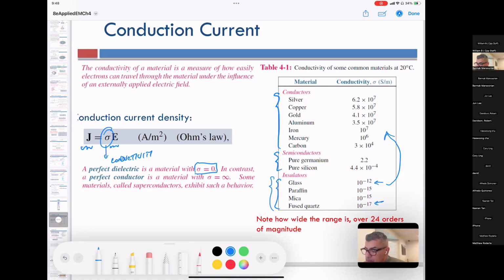In the same way, a perfect conductor would have infinite conductivity. Even copper, which we use a lot in wires as a good conductor, has a very large conductivity, but not infinite. So this is what conductivity is.